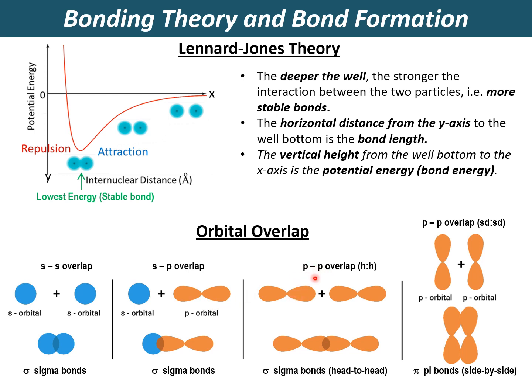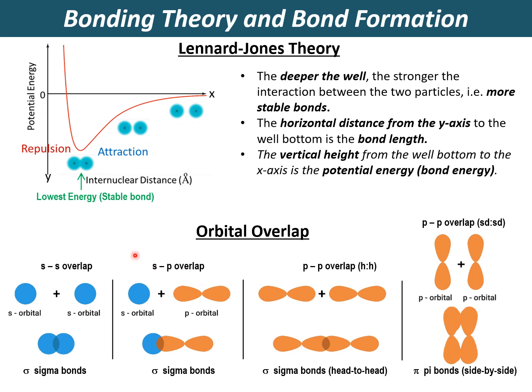If we take two P orbitals, if they're laying on their sides, we can form what's called head-to-head bonding, and that gives us a sigma bond as well. However, if we stand these up as towers and move them close enough, we can get overlap side to side and form pi bonds.